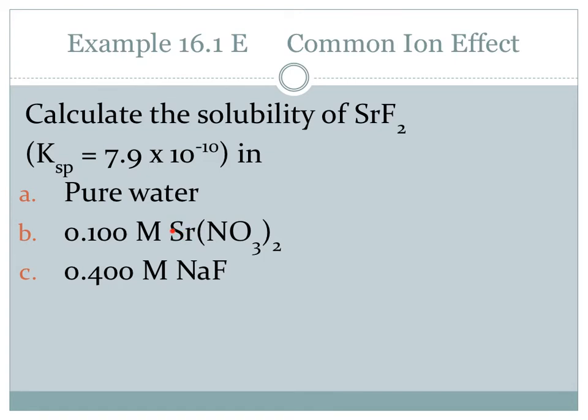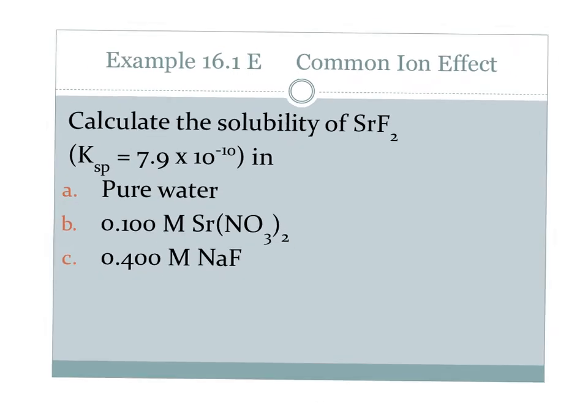So we already have a source of strontium to begin with. How does that affect the strontium fluoride? And then the third example is sodium fluoride. And you'll notice that the fluorides match here. That's our common ion. So if we already have a source of fluoride to begin with, how does that affect the solubility of the strontium fluoride? So let's work through each one of those.